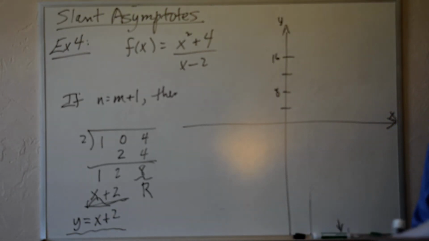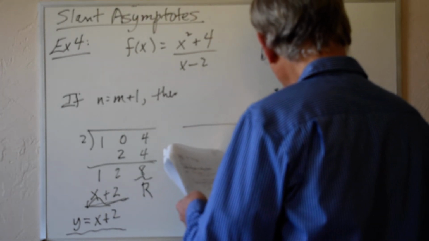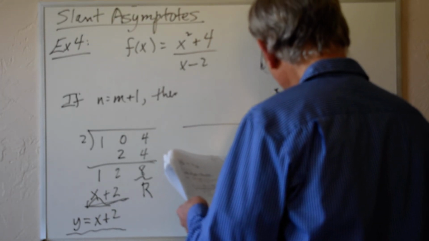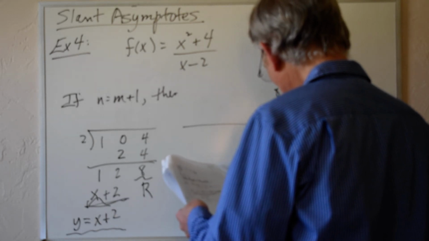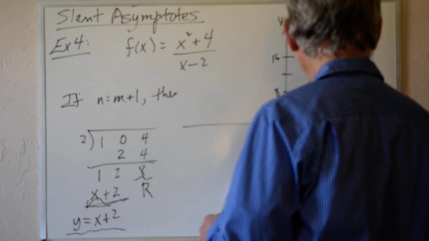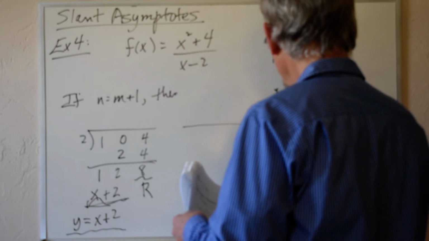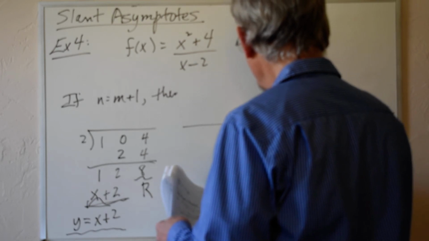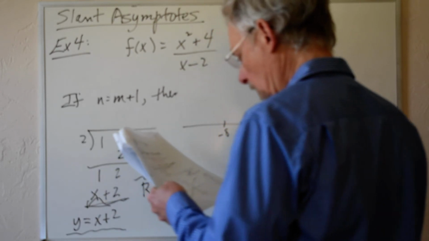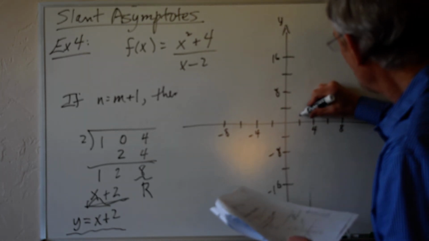I'll count in fours there because the numbers are getting kind of big. Yeah, I'll count in twos here, that fits better. 2, 4, 6, 8. -2, -4, -6, -8. Vertical asymptote, x equals 2.